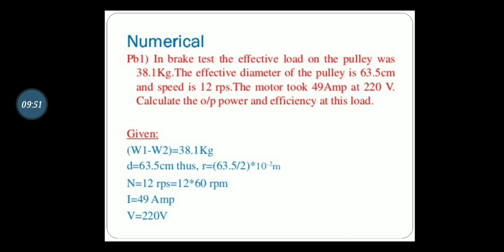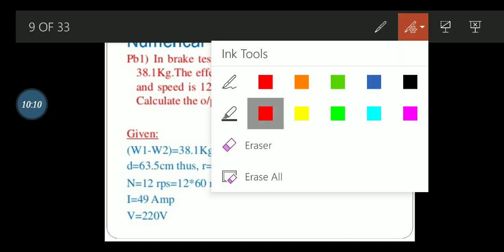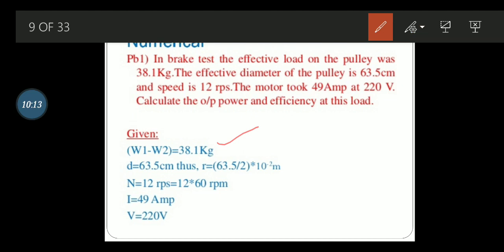First write down the given data. The load, that is the difference in weight W1 − W2, is given as 38.1 kg. The diameter of the pulley is also given, 63.5 centimeter.